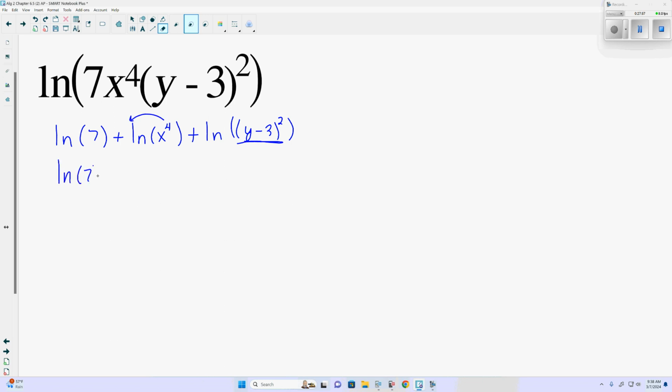The natural log of 7 would stay the natural log of 7. Our exponent of 4 would move up. So we say we have 4 ln of x plus 2 would move to the front, telling us that we have 2 ln of y minus 3. We don't need the second set of parentheses around it because that exponent of 2, which was what we needed it for, is now out front. Yes?